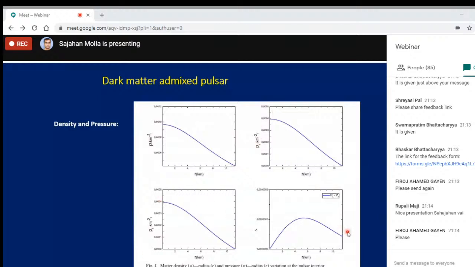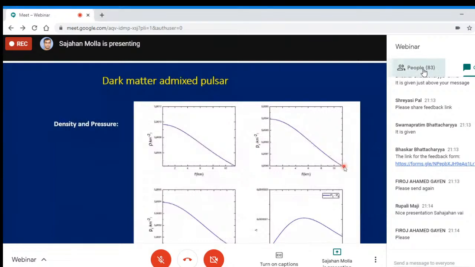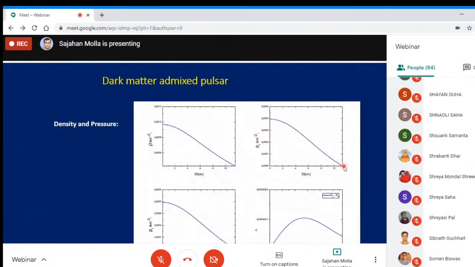And this is the anisotropy parameter delta, which indicates PT minus PR. From the figure it is clear that density and pressure at the center are maximum, and they decrease monotonically toward the surface or boundary, and pressure goes to zero on the surface of the star.